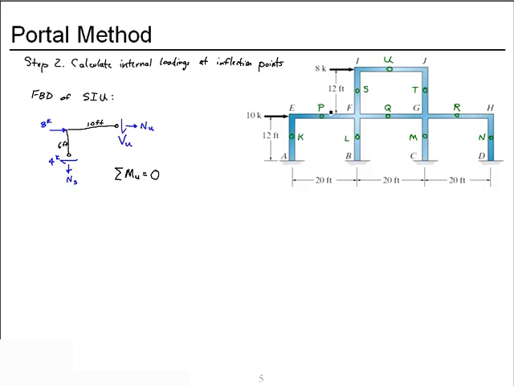We need to know all the internal loadings for this girder, which means I'll need to know the internal loadings at these inflection points. I really don't need them for U, so we'll sum moments about U. I'll choose counterclockwise as positive.